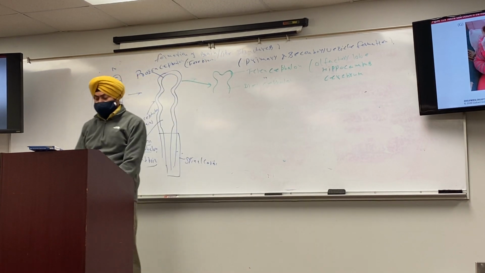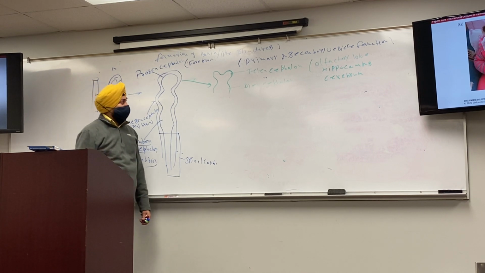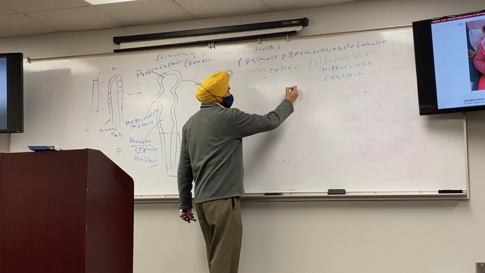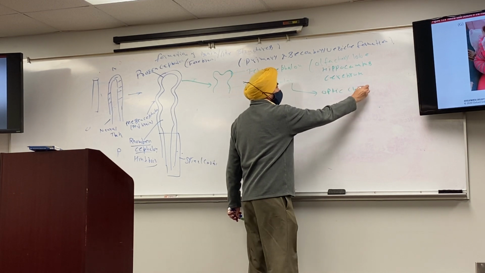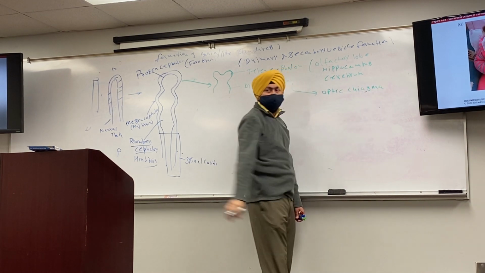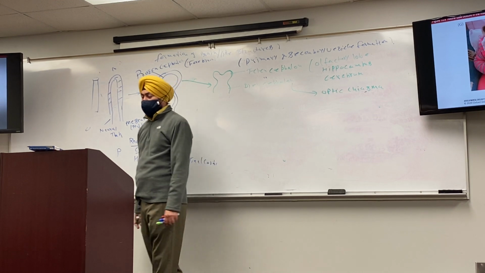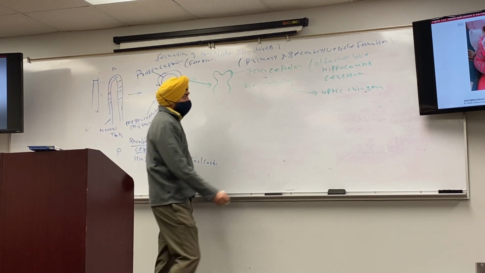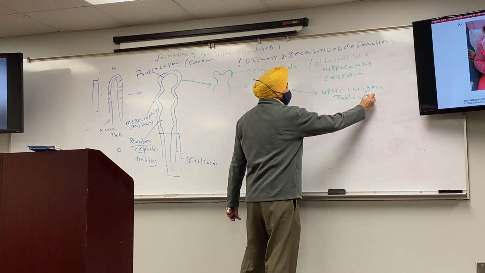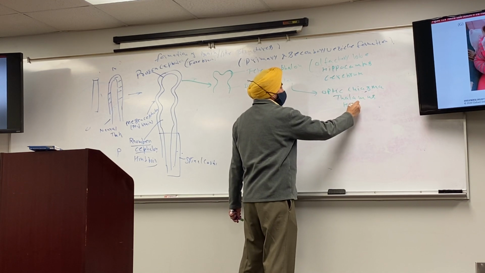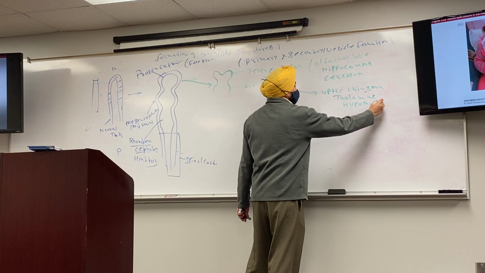Then diencephalon is going to give you optic chiasma, where the optic nerve is going to form. Then it's going to give you thalamus and hypothalamus.